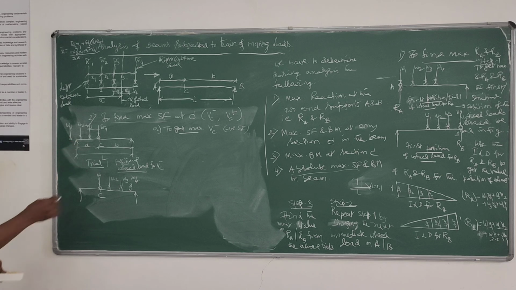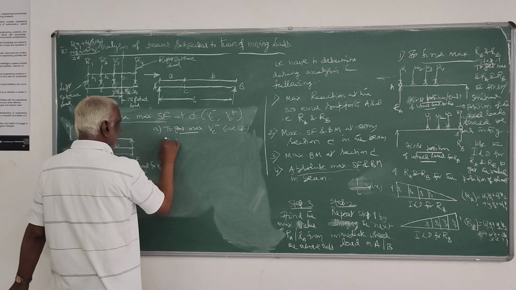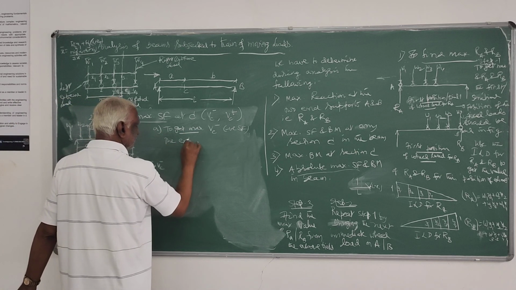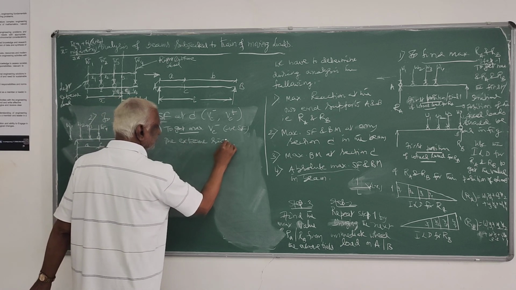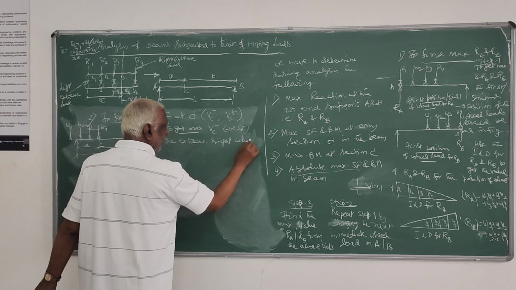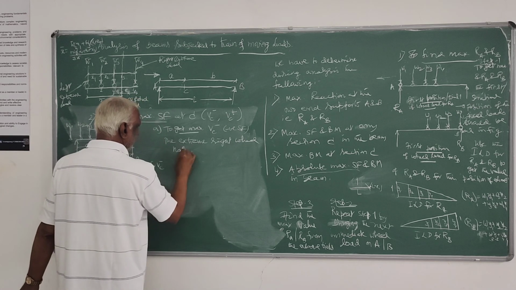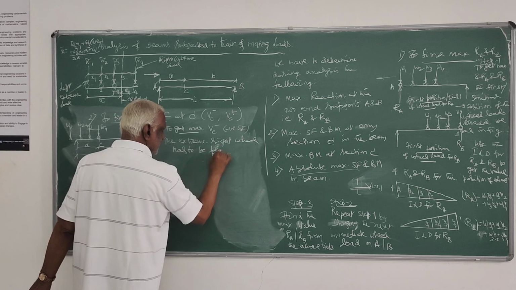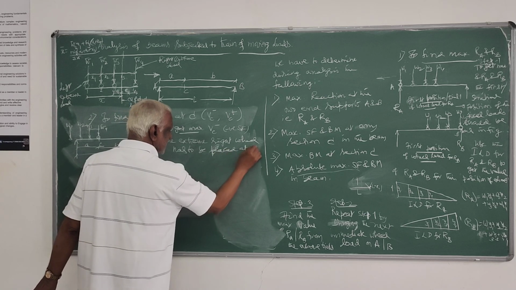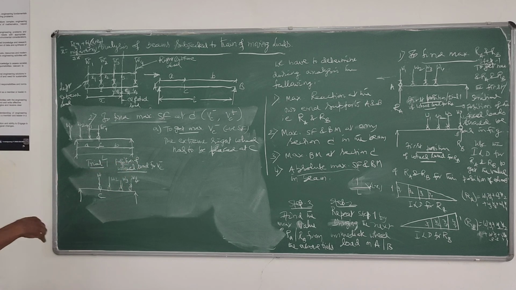So to get maximum, we see the extreme right wheel has to be placed at C. There we were placing the tail, not the head.